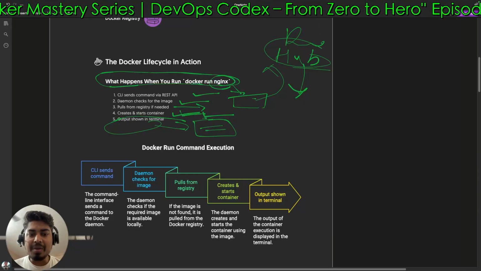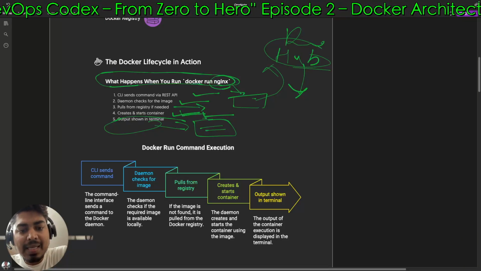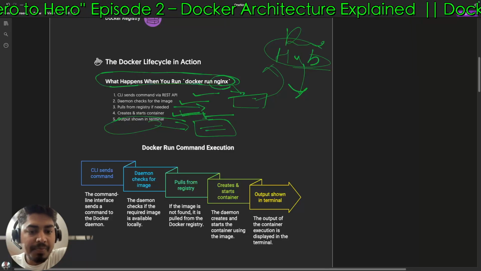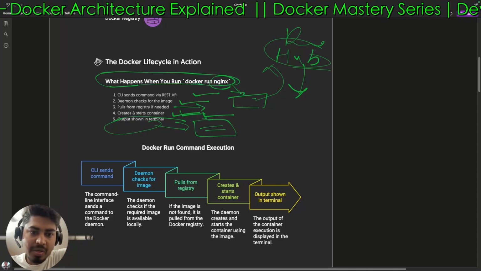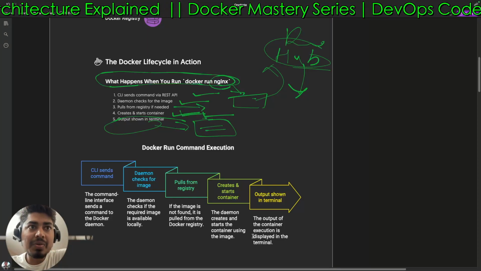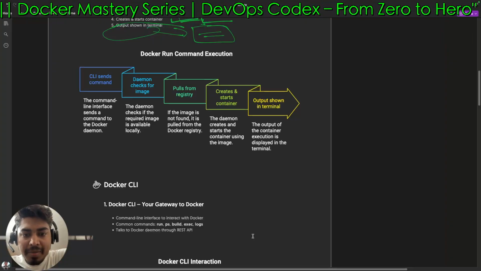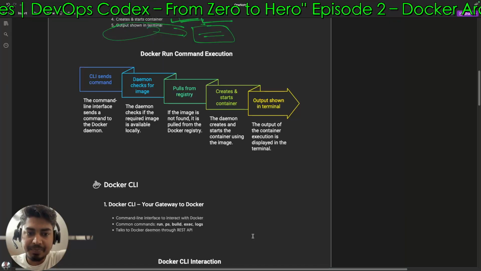Okay, let's break this down. When we type the docker run nginx command, the Docker CLI sends a request to the Docker daemon via a REST API call. The daemon checks, do I have this image locally or not? If not, it pulls the Docker image from a Docker registry like Docker Hub or ECR.